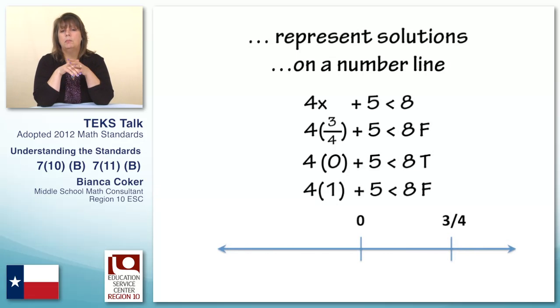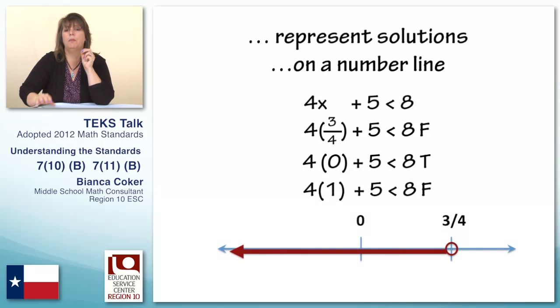So on our number line, we have our critical point, 3/4, circled. It is not shaded because when we put 3/4 into the inequality, it does not solve our inequality. We checked 0, which is less than 3/4. So if 0 is less than 3/4 and it's true, then all numbers less than 3/4 are true, and we're going to shade that part of the number line.